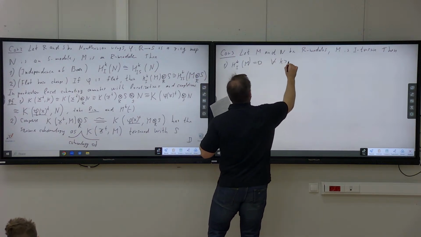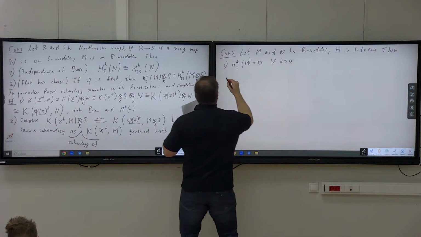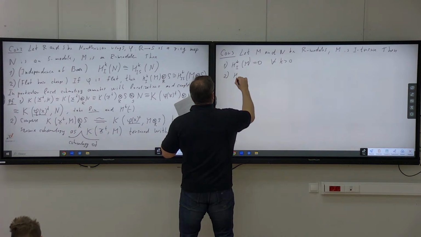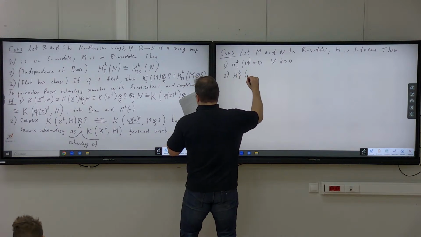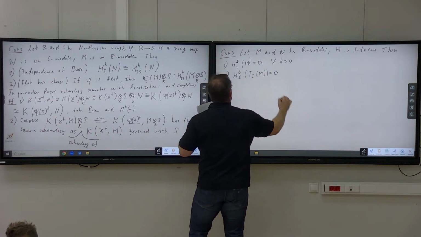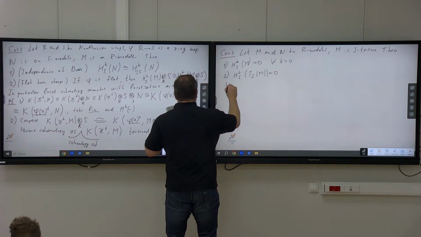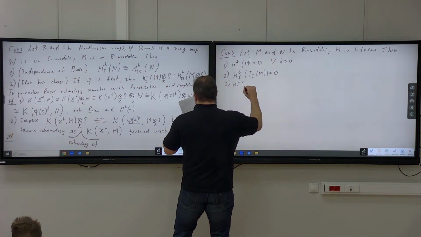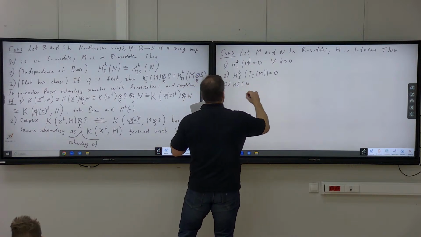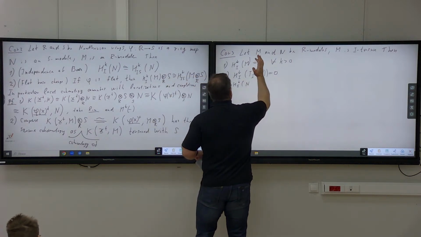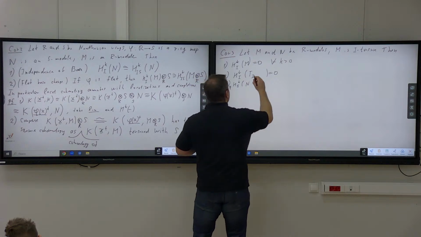So for any index k positive, H^k_I of the gamma_I of M is zero, since gamma_I of M is torsion. And 3, H^k_I of any module. In the second statement, there should be not M but any module, not necessarily torsion.